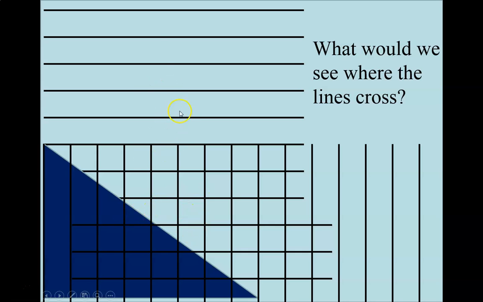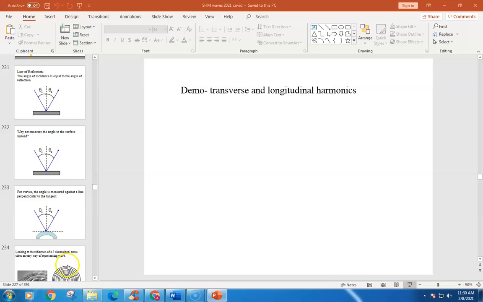Here we've got a wave that's coming and then it's reflecting off. Wherever you see waves overlap, you're going to see constructive or destructive interference.